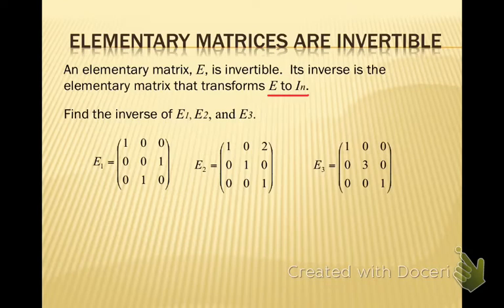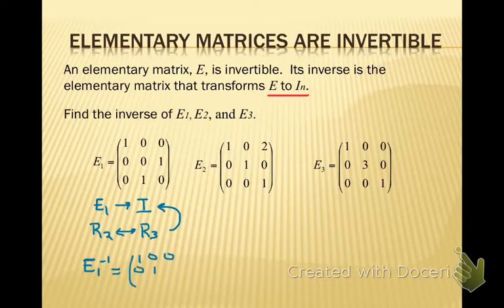So let's look, for example, at E1. To get E1 back to the identity matrix, we again have to do an interchange of rows 2 and 3. If we perform that row operation on the identity, we get the inverse.